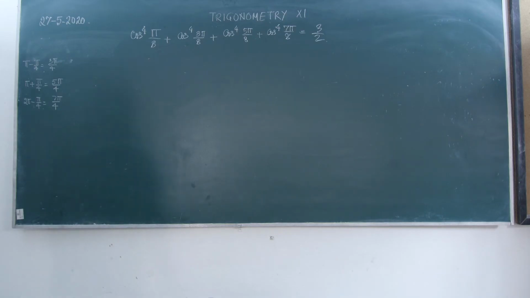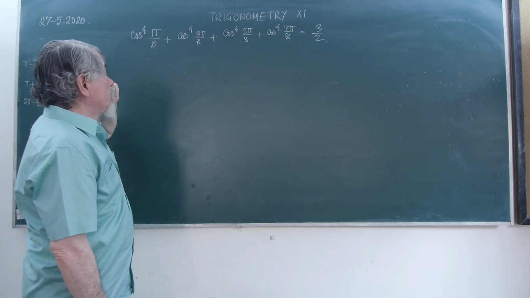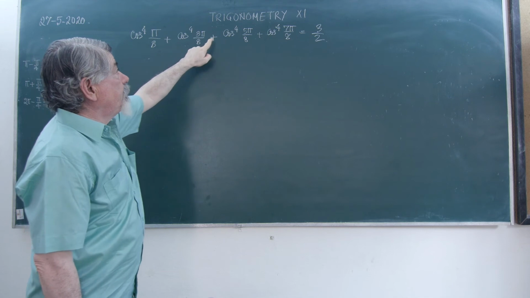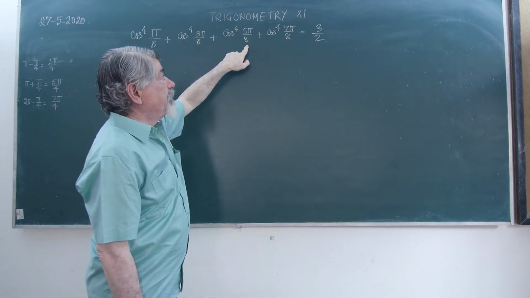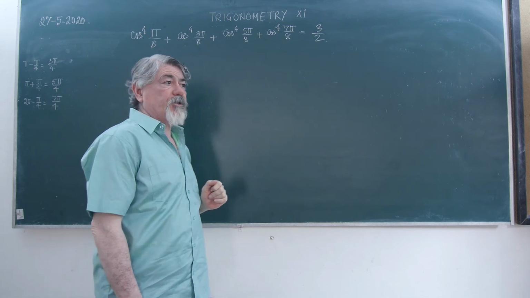We need to prove cos to the power 4 pi by 8 plus cos to the power 4 3 pi by 8 plus cos to the power 4 5 pi by 8 plus cos to the power 4 7 pi by 8 is equal to 3 upon 2.